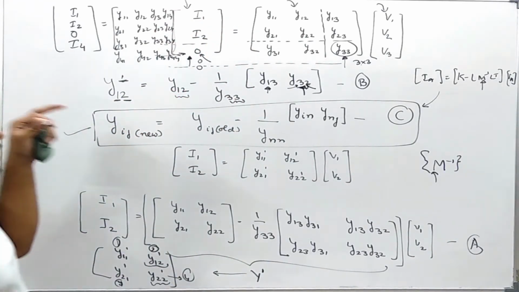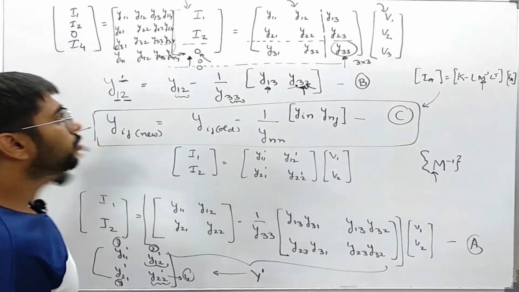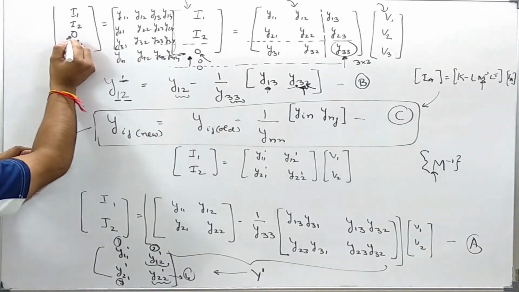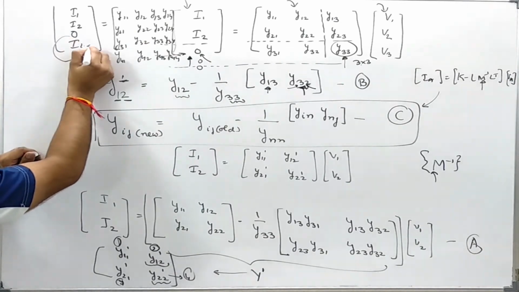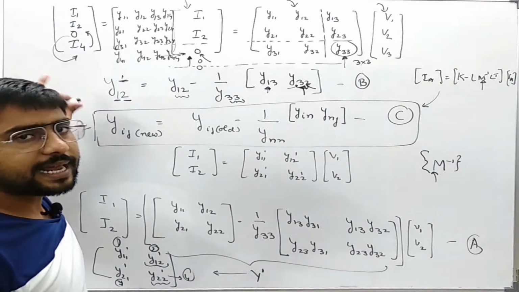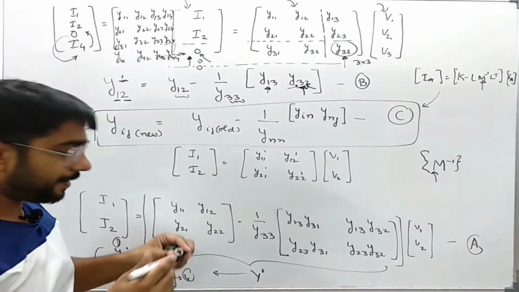Then to use this formula, we would have to renumber all the rows and the columns such that this 0 comes here and I4 goes here. We will see how to renumber in the next slide because there is no space here.